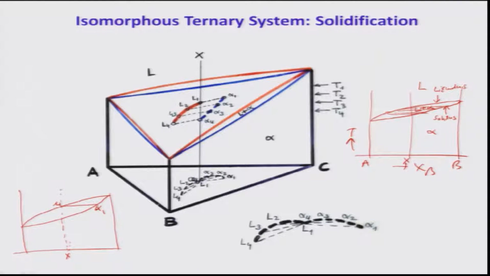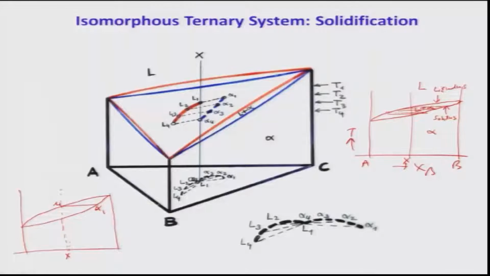This is the point on the liquidus surface, L1, and this is a point on the solidus surface, alpha 1, correct, because this is like a conch shell. Inside that I can draw tie lines. So, the first solid which forms has a composition given by alpha 1. As I cool down the liquid, what will happen?